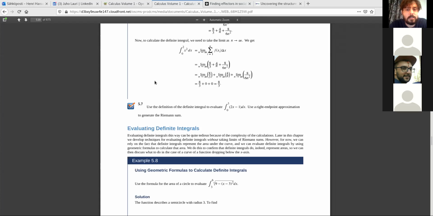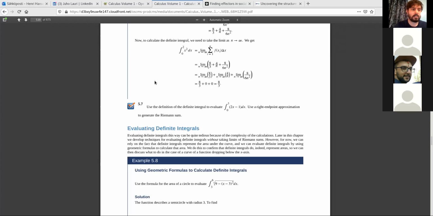This is pretty much what I was expecting. Now we have the sum, so we can figure out what that sum is. We can take the 1 over n as a coefficient, and there are two sums as a subtraction.